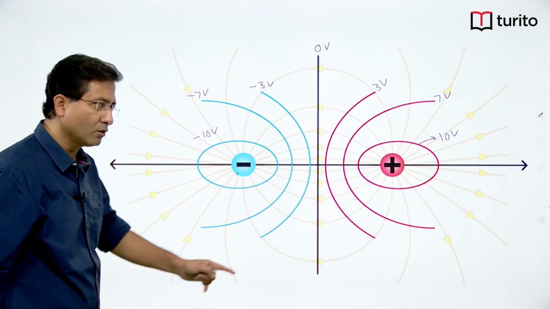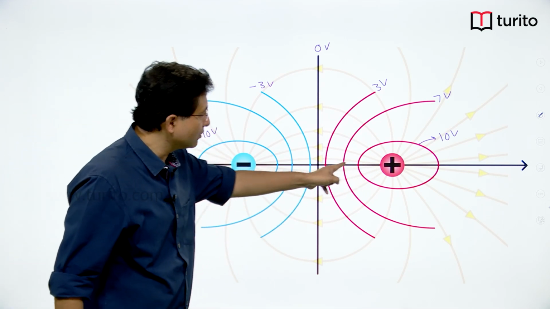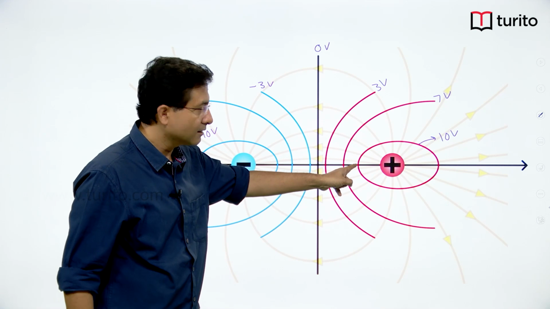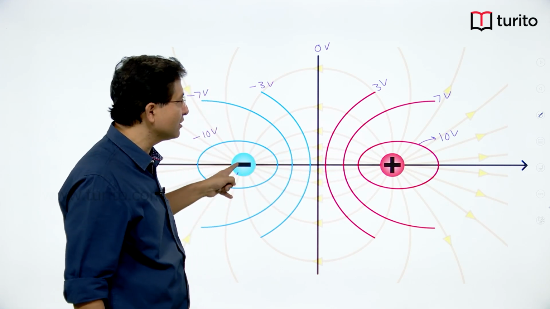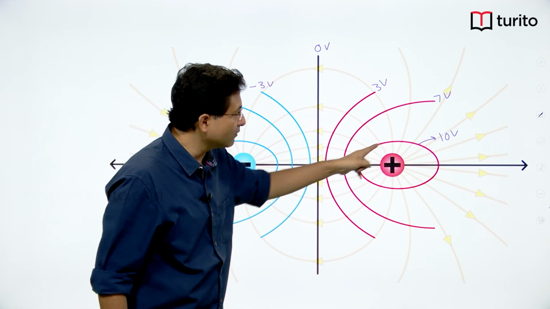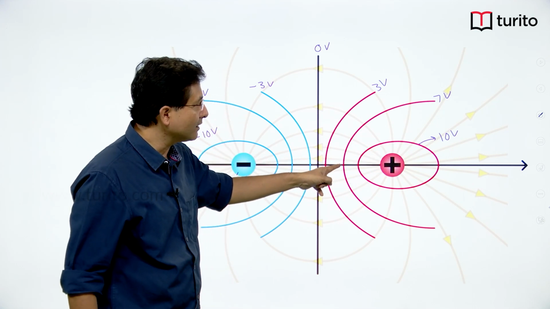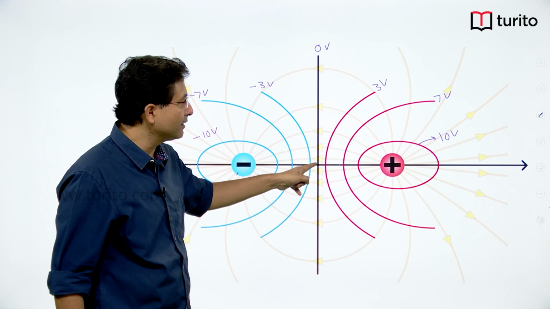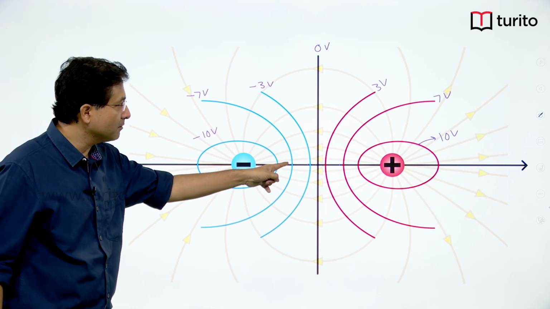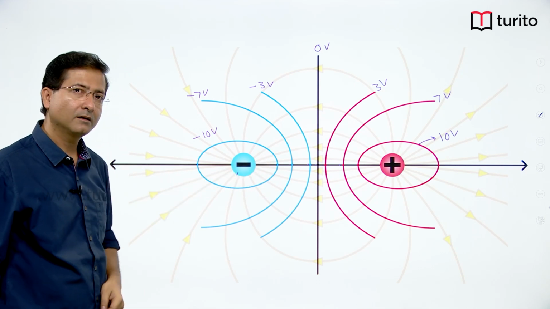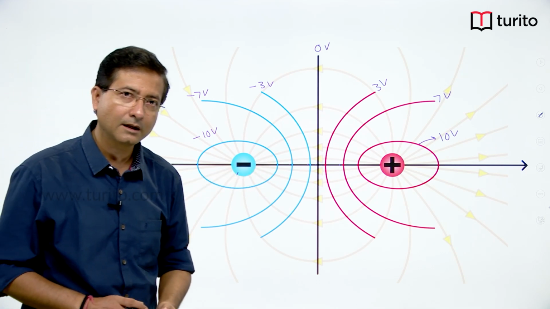So as you go from this charge to this charge, you can see that the equipotential lines intersect the line joining these two, with potential 10 volt, then 7, then 3, exactly at the middle it is 0, then it starts becoming negative: minus 3, then minus 7, then minus 10, right.